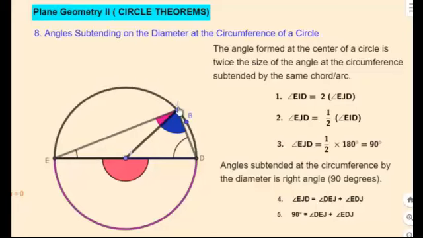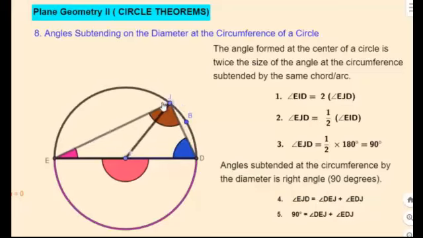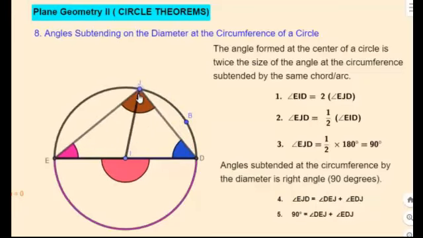So that is what I have for you today, but I don't want to end here. I want to go back and move the angle at the circumference, and let's see what happens.